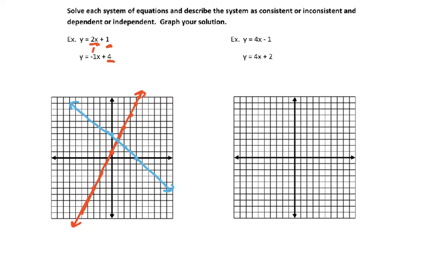So they cross right here. Looks like that is the point 1, 3. And we go back and we're like, okay, we crossed at a certain point. That was a system that was consistent and independent.